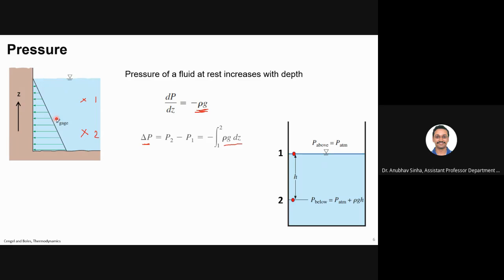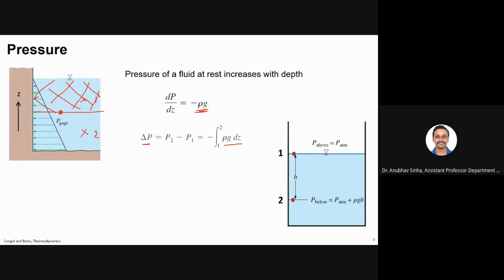That force will be added here. If you take one small mass here, what are the forces acting on this fluid particle? If you take a level like this, this much mass of fluid is above this particle, so it has to support the weight of that fluid.